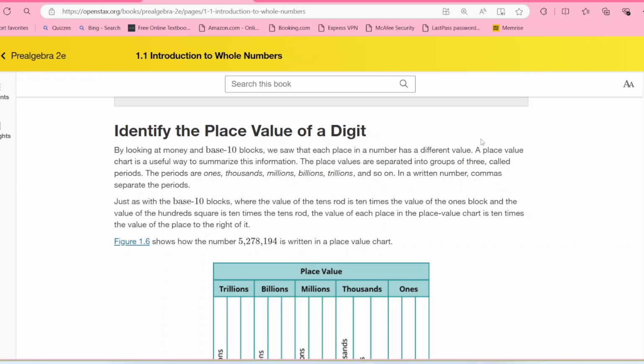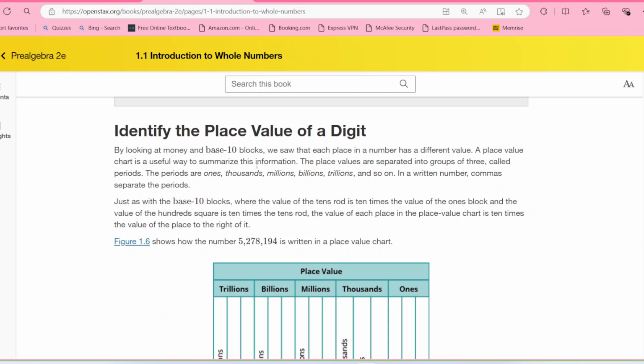So here we are at openstax.org in Prealgebra second edition, section 1.1, Introduction to Whole Numbers. Identify the place value of a digit. By looking at money and base 10 blocks, we saw that each place in a number has a different value.